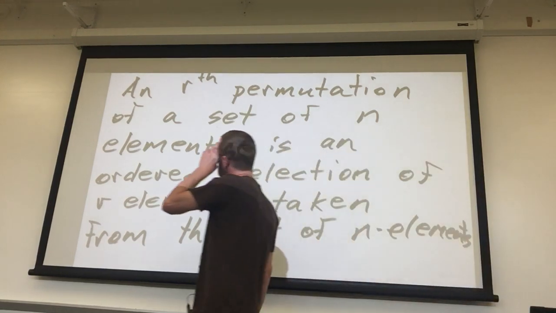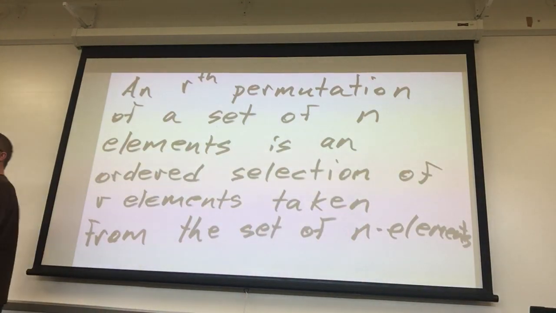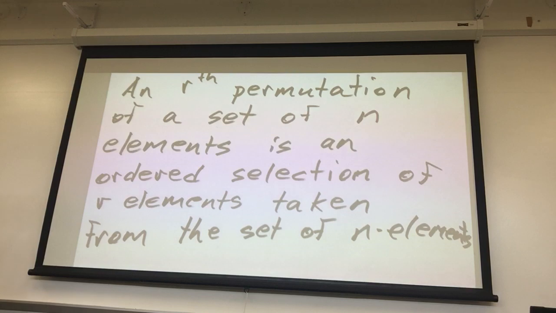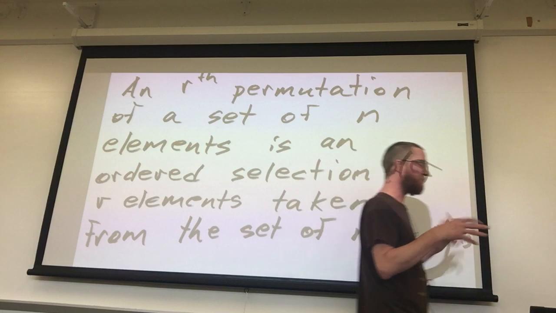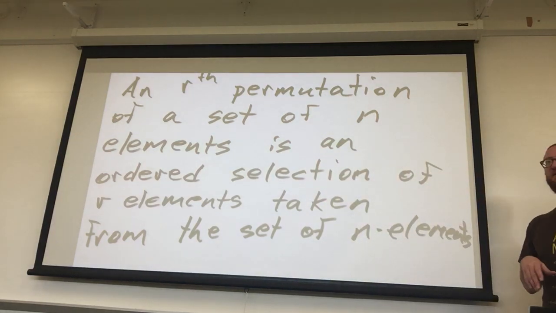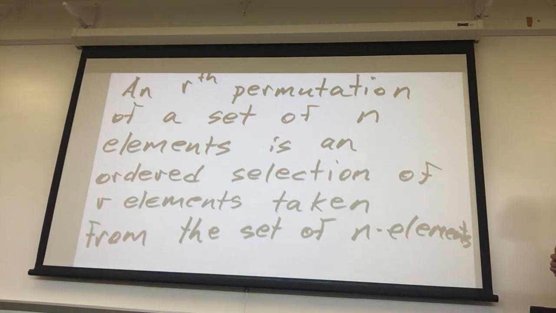So an R permutation of a set of n elements is an ordered selection of R elements taken from the set of n elements. Okay, now this is a long statement that might seem a little confusing.